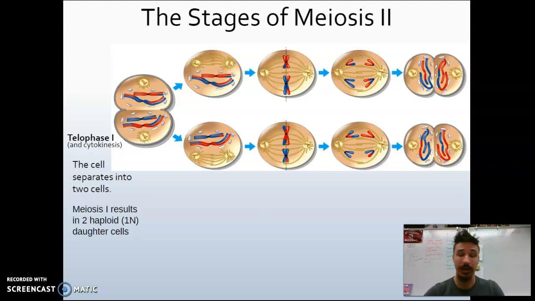However, remember, haploid only means 1 set. At this point, notice each chromosome here is still comprised of 2 sister chromatids. So we haven't reduced chromosome number between meiosis 1 and the start of meiosis 2. And the point of meiosis is to reduce chromosome number.